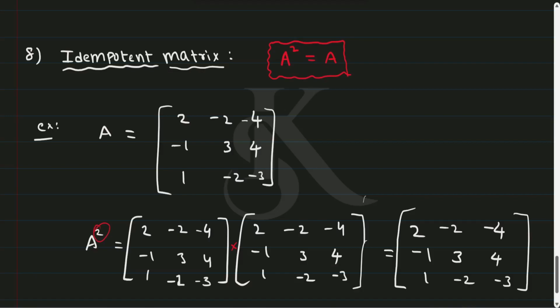Let me try it. 2 twos are 4. Minus 2 times minus 1 means plus 2, minus 4, it is cancelled. It is coming as 2.